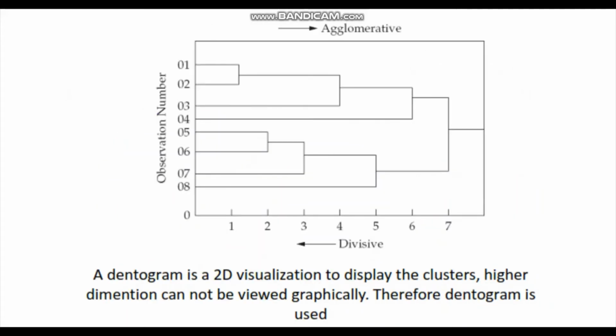This representation is called a dendrogram. In the dendrogram, agglomerative goes from individual cells to one large single cell, and divisive goes from the whole large cell towards single observations, or single clusters.